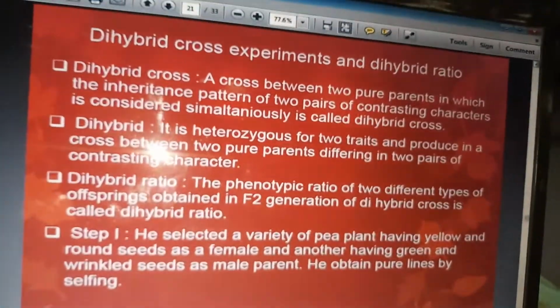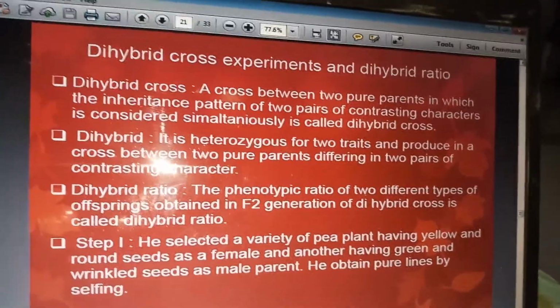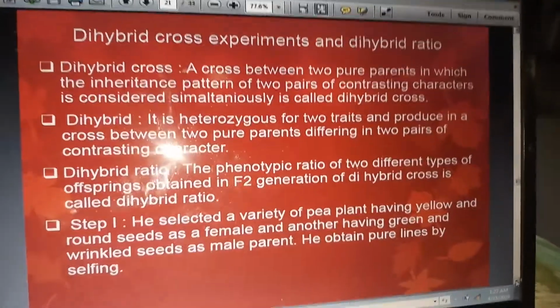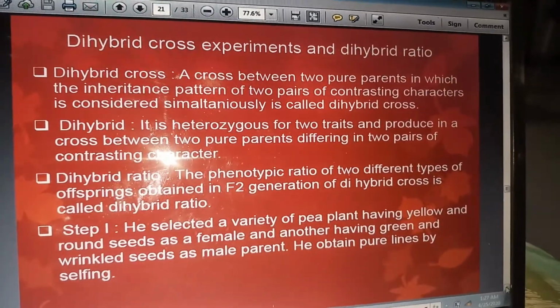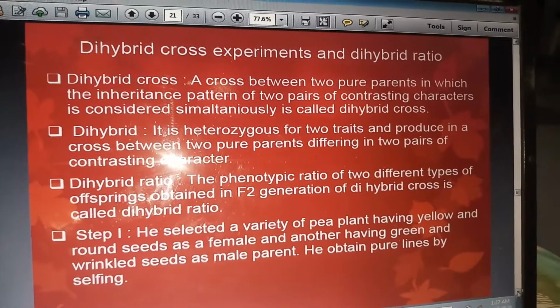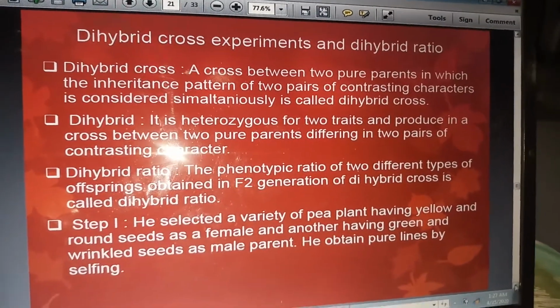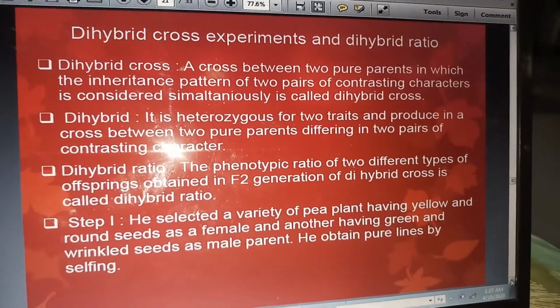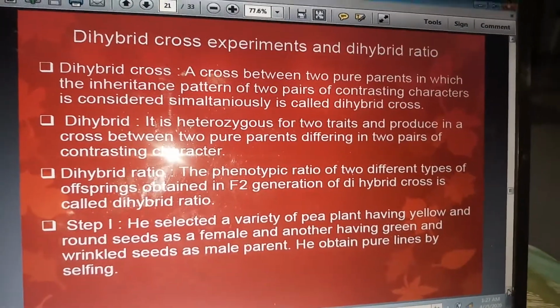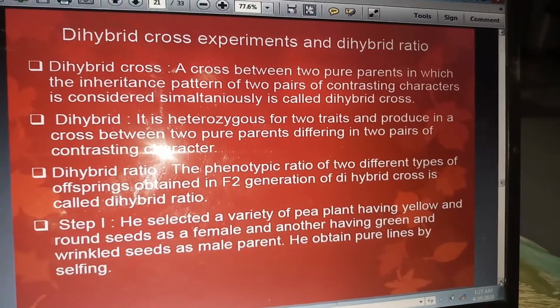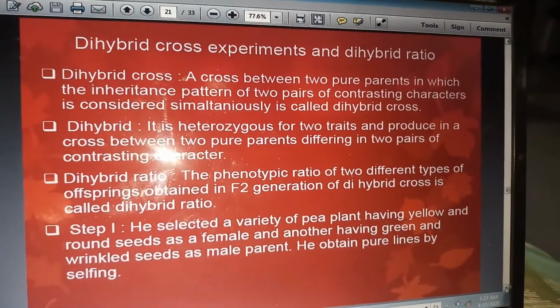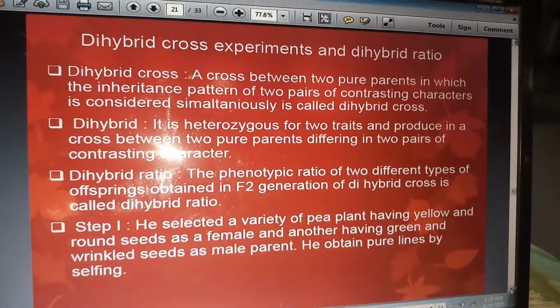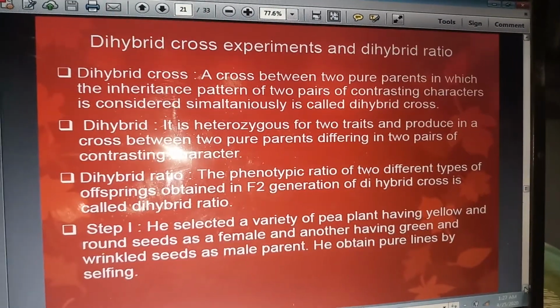Now, dihybrid cross experiments and dihybrid ratio. A dihybrid cross is a cross between two pure parents in which the inheritance pattern of two pairs of contrasting characters is considered simultaneously. A dihybrid is heterozygous for two traits.